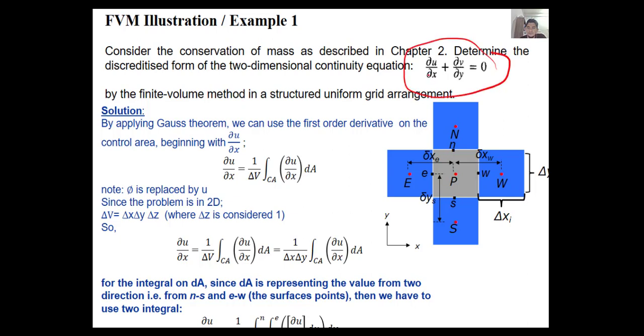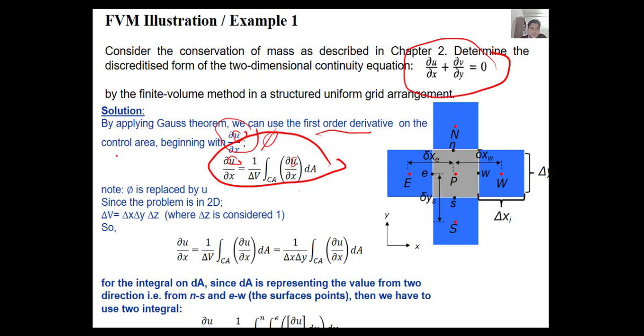This is very simple and straightforward: partial u over x plus partial v over y. Using the Gauss theorem for the first order, we start with partial u over x first. This is the expression we made earlier. If you look carefully, I already replaced psi with u. That's why you see partial u over x here and partial u over x here.